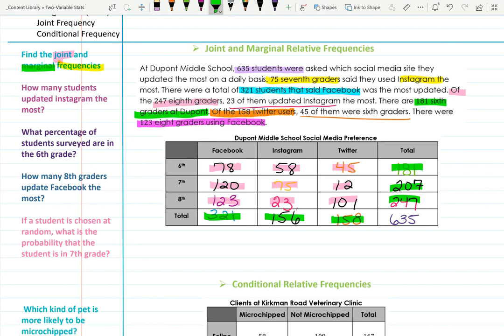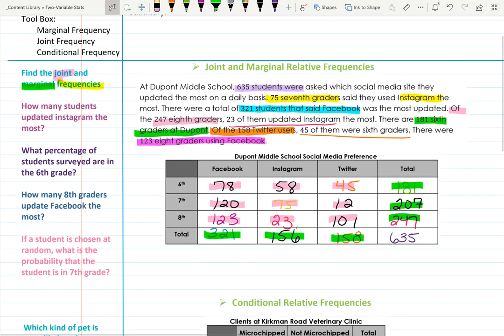Okay, so the marginal are the totals of our rows or our columns, and then the joint frequencies, they join two categories.